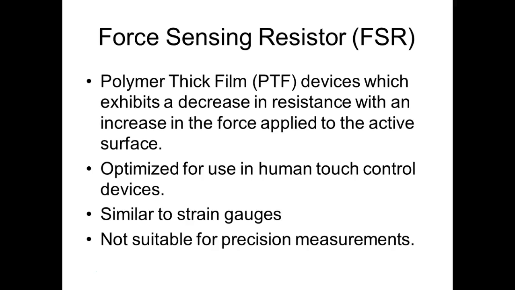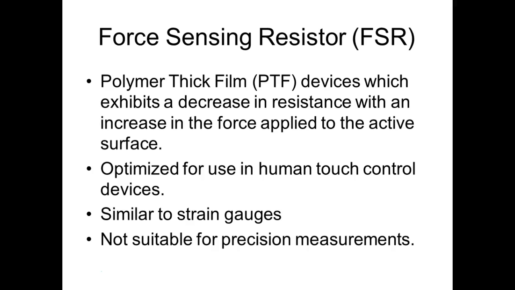And this looks kind of like a strain gauge. This is a force sensing resistor, an FSR. It's a polymer thick film device which exhibits a decrease in resistance when an increase of force is applied to the active surface.